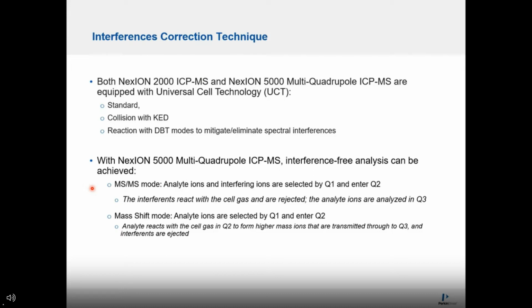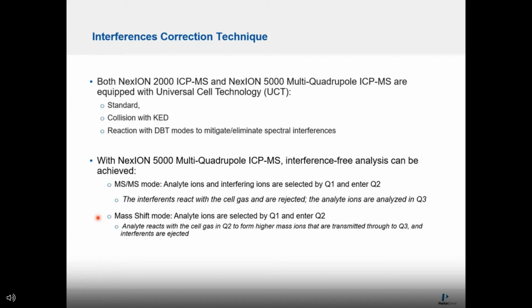An example of such a mode of analysis is in the determination of chromium, where calcium carbon or argon carbon are removed. Now, in the mass shift mode of operation, the interference remains unreacted while the analyte ions react with the cell gas in Q2 to form higher mass ions.